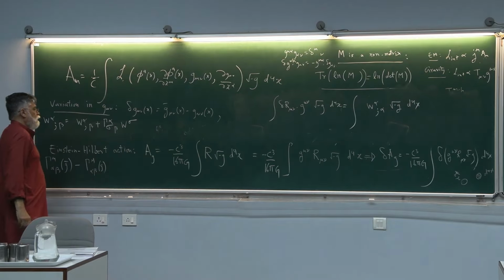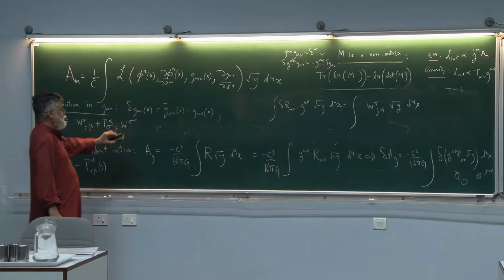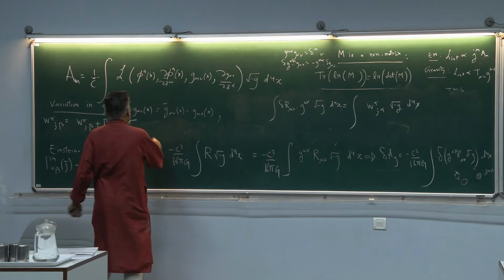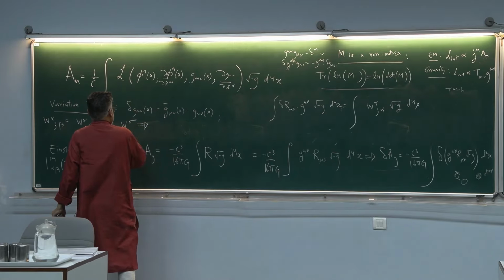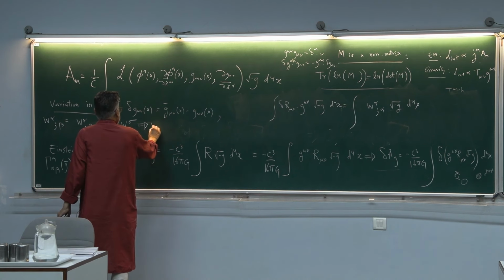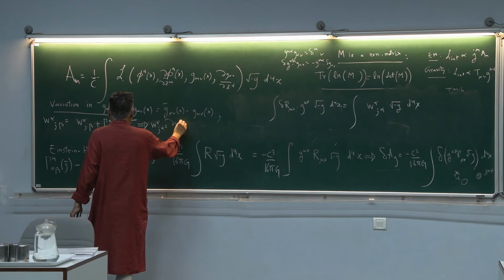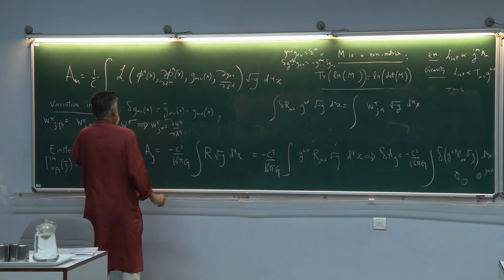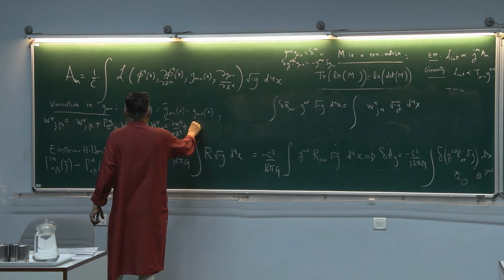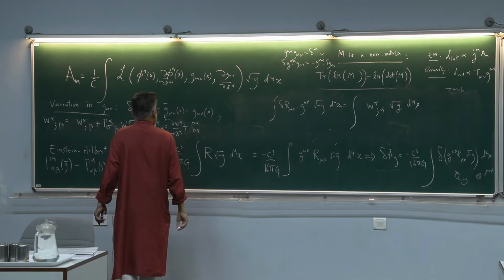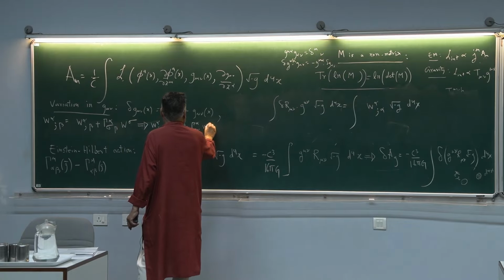Therefore W alpha semicolon alpha, wherever beta you make it alpha, is del W alpha by del X alpha plus gamma alpha sigma alpha W sigma.